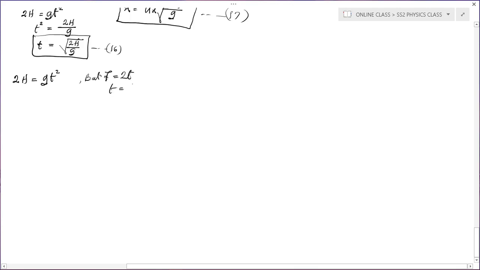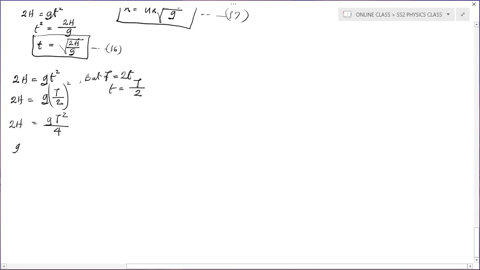That is, small letter t equals T over 2. So we can now come back here to say that 2h is equal to g times capital T over 2, all squared. That is 2h equals g T squared all over 4.